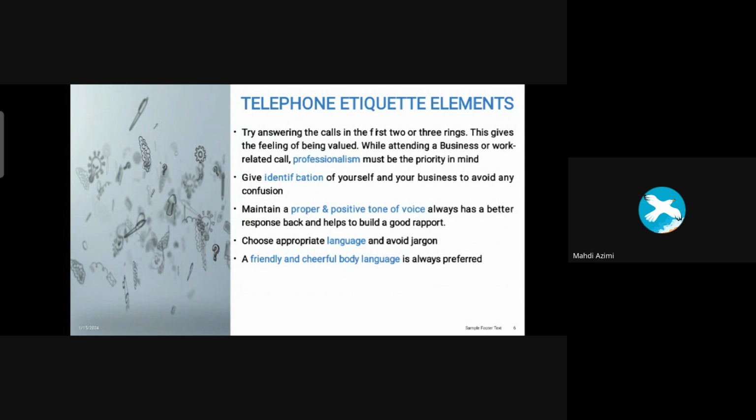Jargon is technical or professional language used in any professional field, like engineers, doctors, or lawyers. If a doctor communicates in pure medical terms, the patient will never be able to understand what he is trying to say.